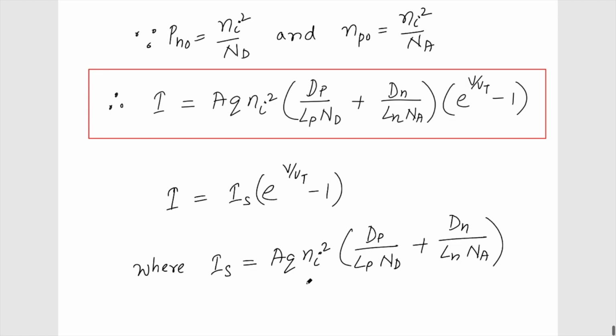This is the final diode equation, where IS is also called the reverse saturation current. If V is much negative, the exponential is going to become 0, so it's going to become minus IS, which is the reverse saturation current. And in the forward bias condition, this is going to give me the current for the diode.